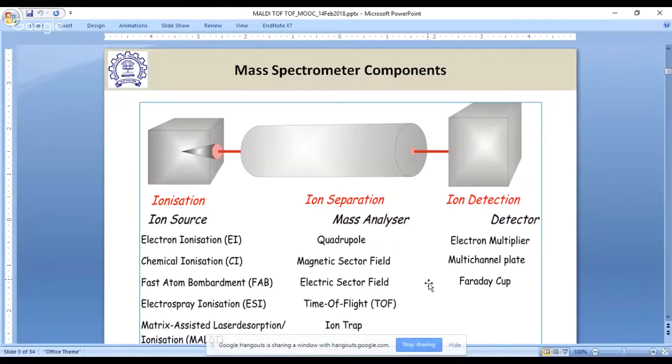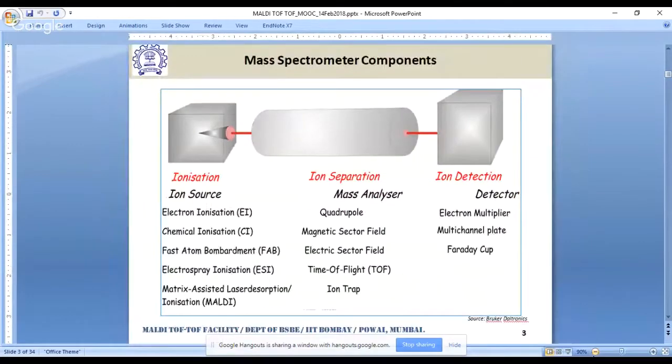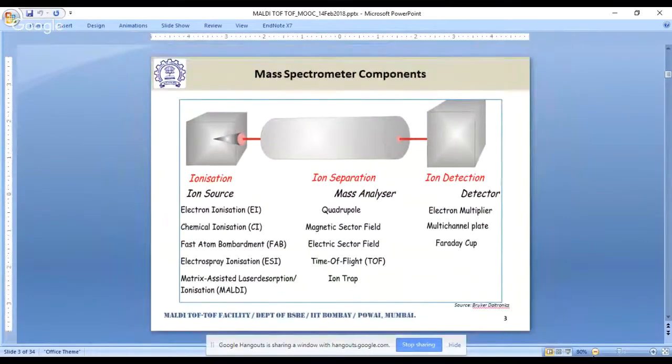One is an ionization source, the second part is a mass analyzer, and the third part is the detector. The ionization source in the case of biological samples could be either electrospray ionization or a nitrogen laser, which is used in the matrix assisted laser desorption ionization method.